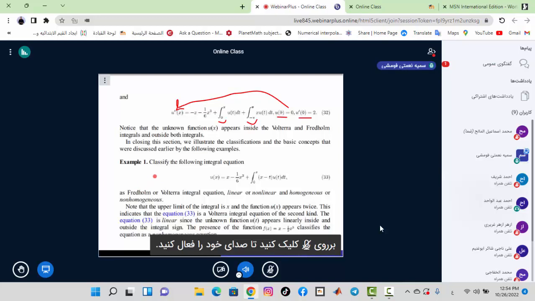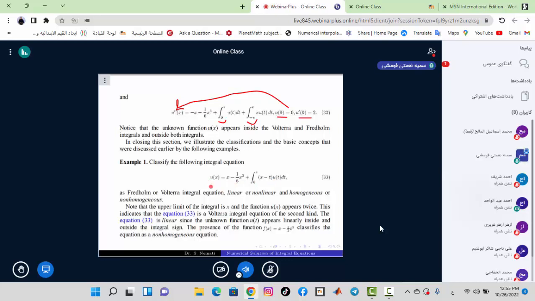Here, we want to classify these integral equations. We have some different examples, and you can answer me about their properties and which classification they belong to.